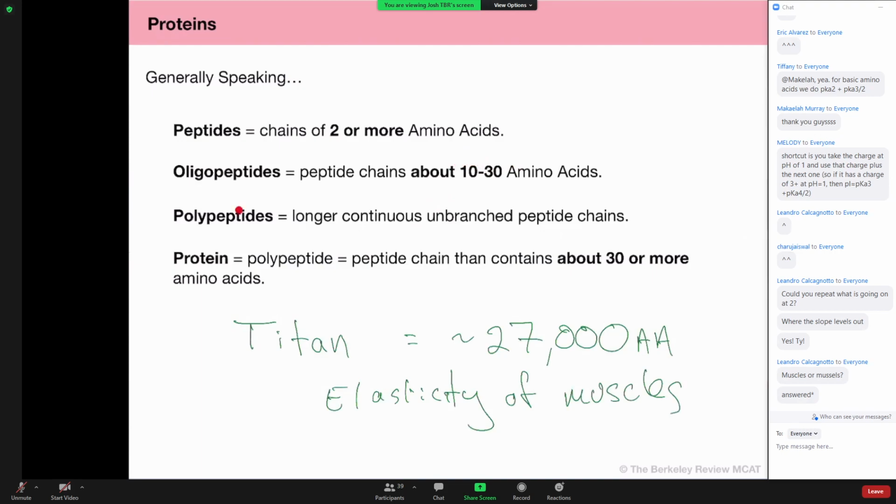If you see polypeptides, they could be referring to an oligopeptide, or to a protein, which is usually about 30 or more residues. Again, these numbers aren't exact. There's no official cutoff line for when you can start calling something an actual protein. Yes, that's muscles, like your arm muscles. Great, good questions.